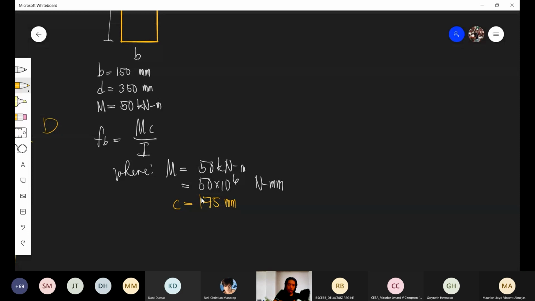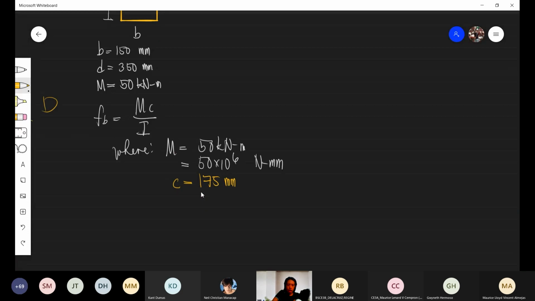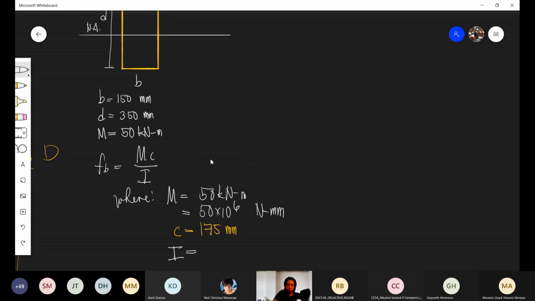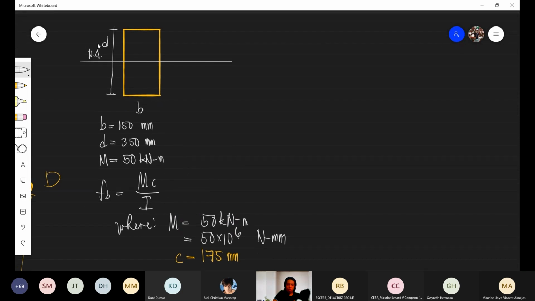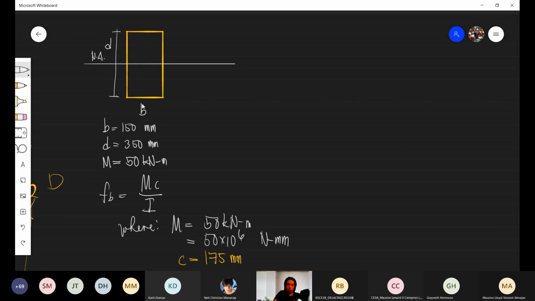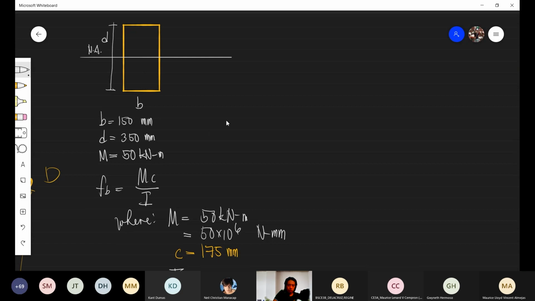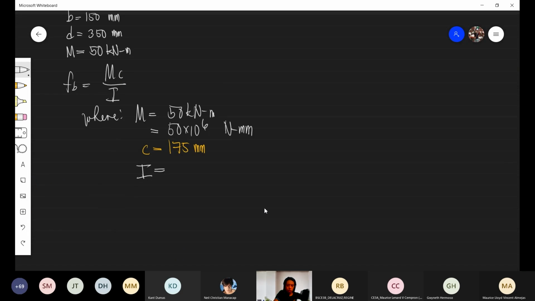Next is I. What's the value for I? I is the moment of inertia. How do we solve for the value of I? It is just a rectangular section. Take note, I is with respect to the neutral axis. The I for a rectangular shape with respect to the neutral axis is just equal to BH cubed over 12, or BD cubed over 12. The value for B is 150, the base times the height or the depth, which is 350 cubed, divided by 12.